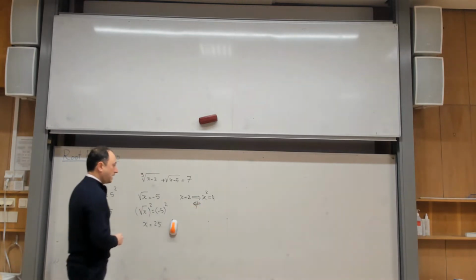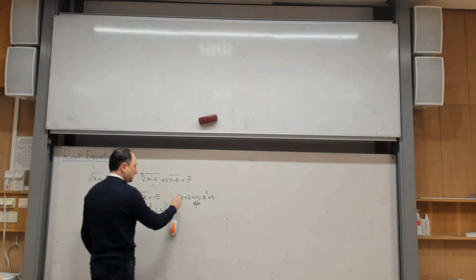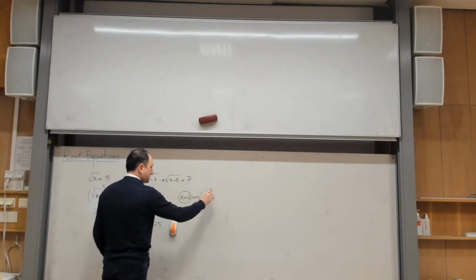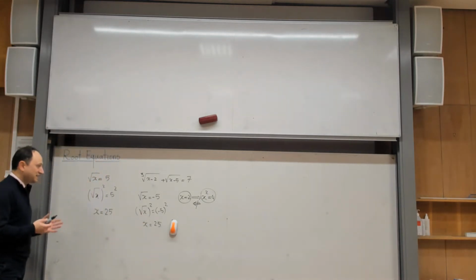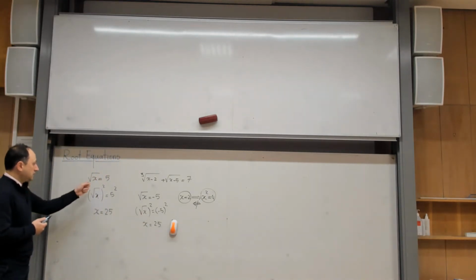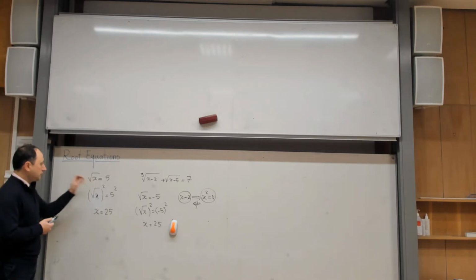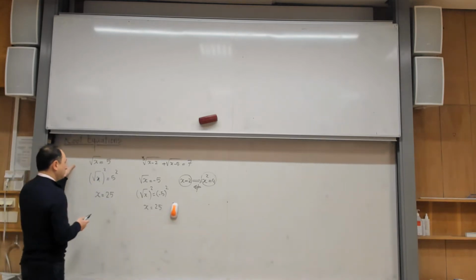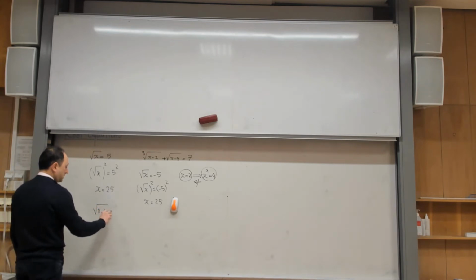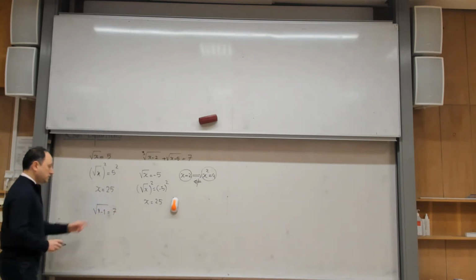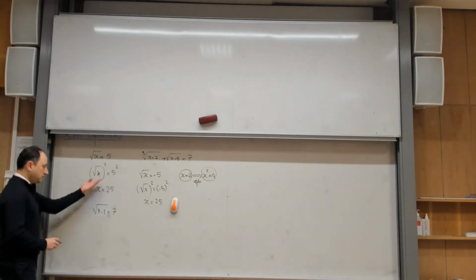I cannot go back. So mathematically, this statement and that statement are not equivalent. And that's exactly the problem, because at the end you are not solving the original equation. Let me give you another example. If I give you square root of x minus 1 is 7 and I ask you to solve the problem, you raise it to the power of 2.